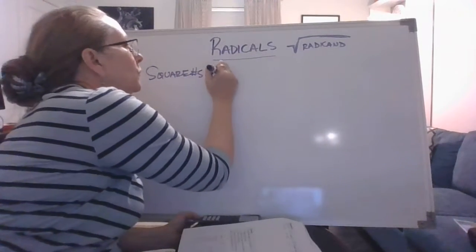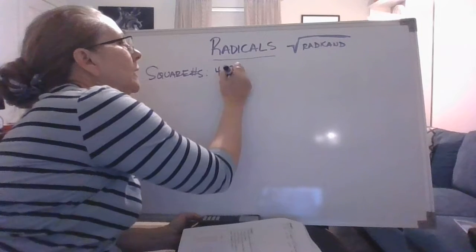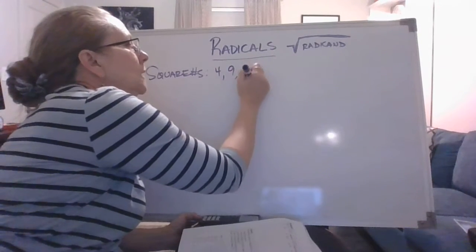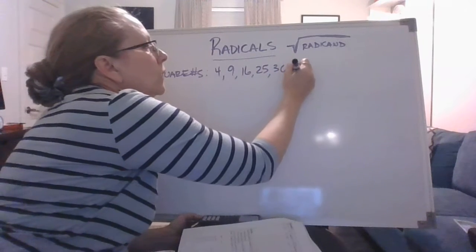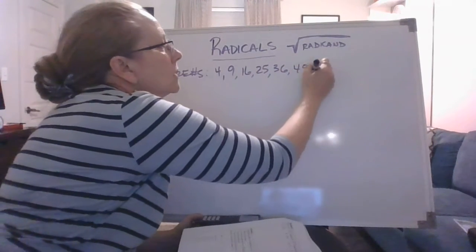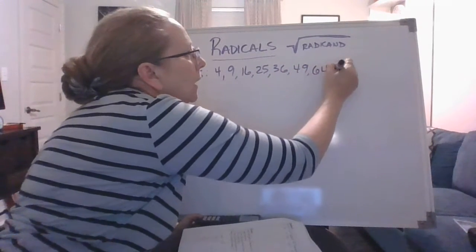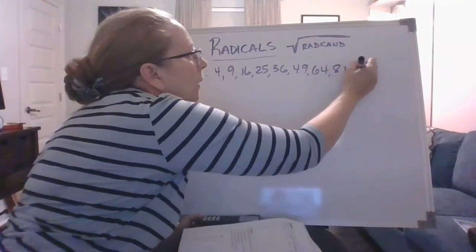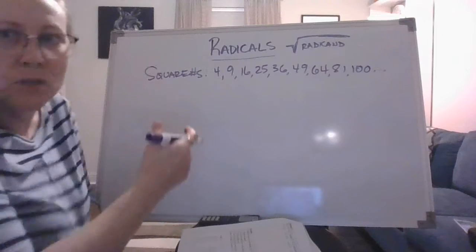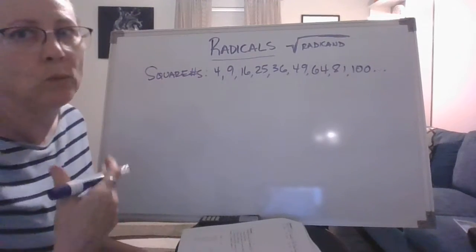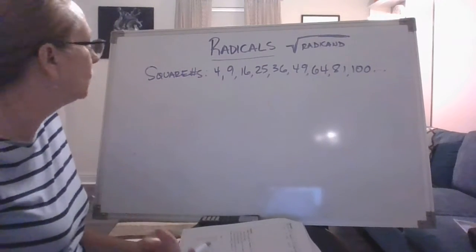So 2 squared 4, 3 squared 9, 4 squared 16, 25, 36, 49, 64, 81, 100, and so forth. Yes, 11 squared is 121, 169, 196, 225, and so forth.